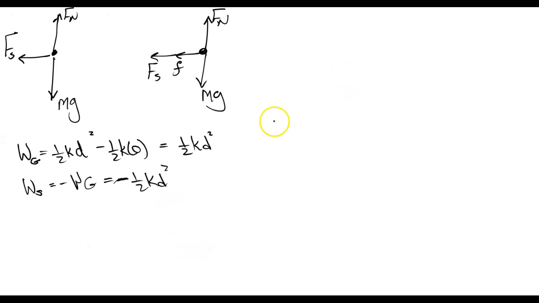And from the work energy theorem, we know that the work is the change in kinetic energy, which is kinetic energy final minus kinetic energy initial. The glider or the spring, when it reaches its final position, it stops. So we know that's 0.